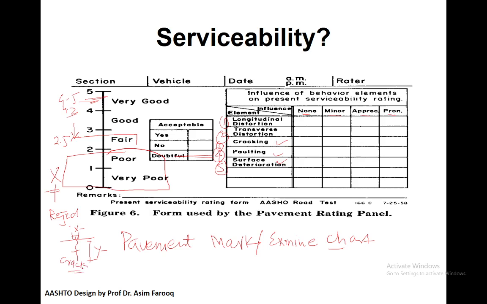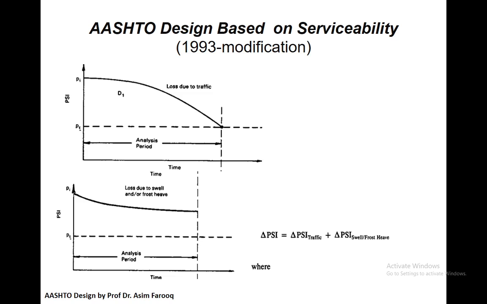or you can also call it the intensity or the effectivity of that crack in any specific direction. As you can see here, when we talk about the design serviceability, where those charts were actually modified in 1993, the time was compared with the present serviceability index of that pavement. So as you can see here, when it was freshly built, it was properly working, and its serviceability was quite high.